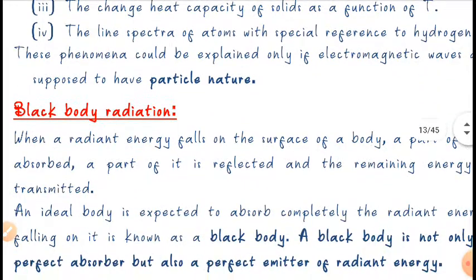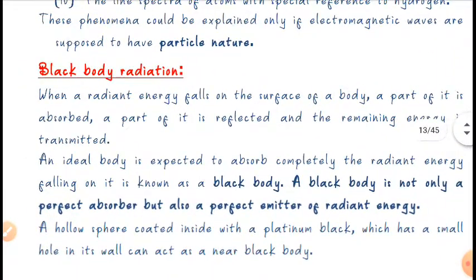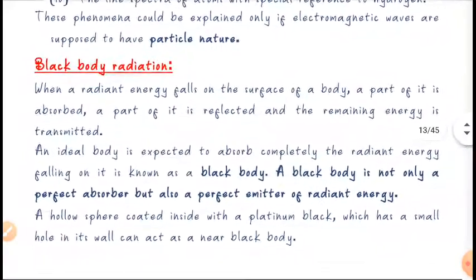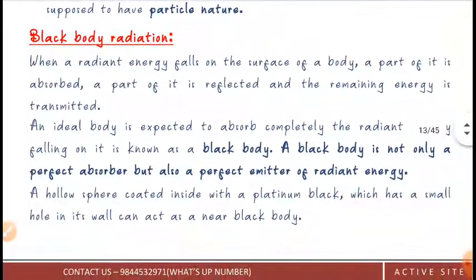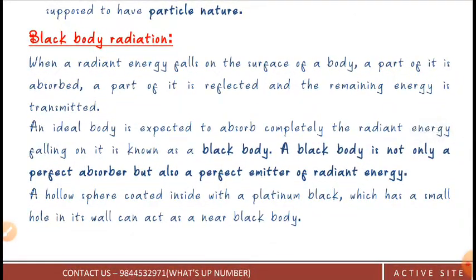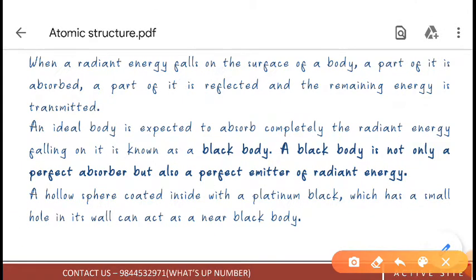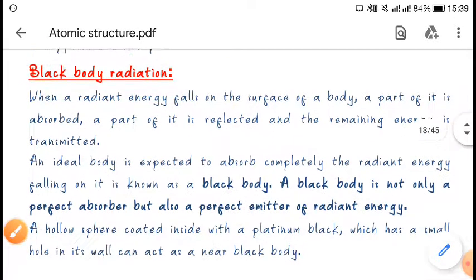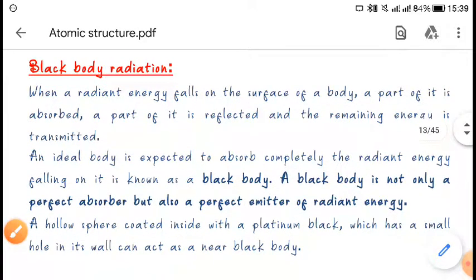Now we are going to start black body radiation. So what is black body radiation? Simply, we can understand it like this. Suppose we are wearing a red, black or white t-shirt.